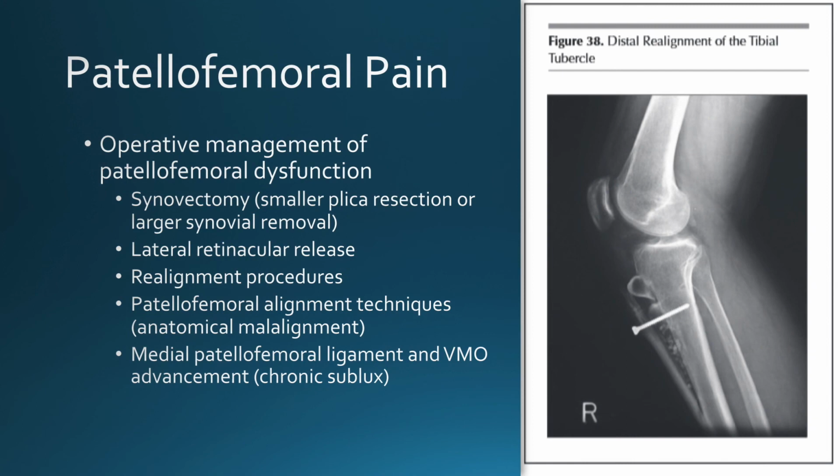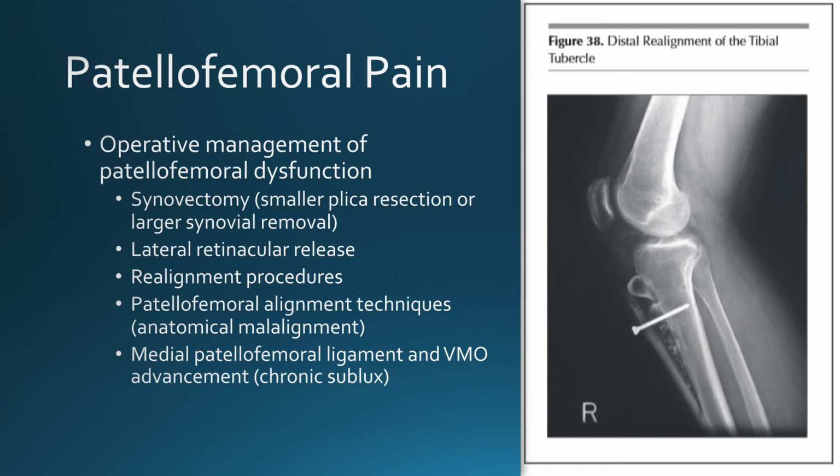If the patient requires surgery for the patellofemoral pain, several procedures can be performed. There's the synovectomy. This could include a smaller plica resection or a larger synovial removal. A lateral retinacular release can be performed, as well as distal and proximal realignment procedures.